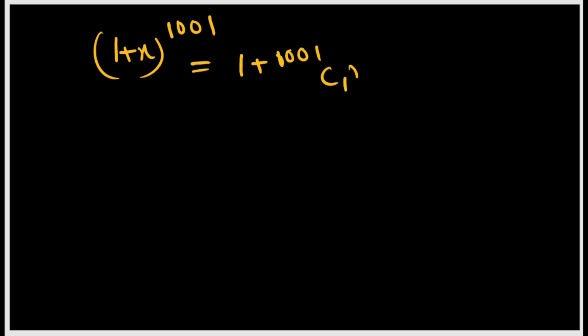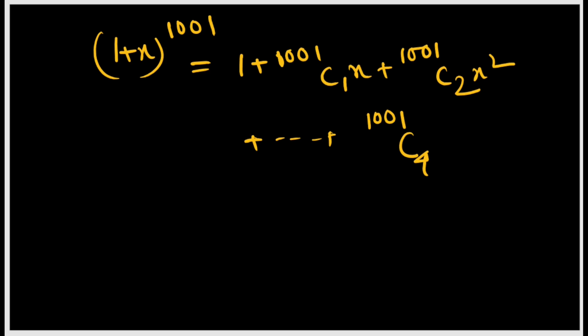So we expand this term (1 + x)^1001 in binomial expansion. We will get 1 + 1001C1 x + 1001C2 x^2 and so on. So we will find 1001C499 x^499 + 1001C500 x^500 and so on.